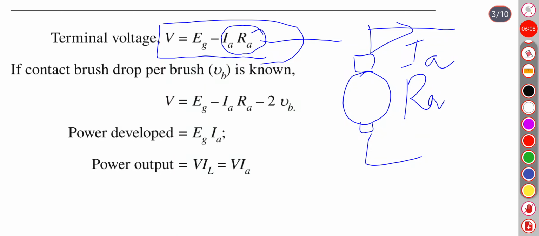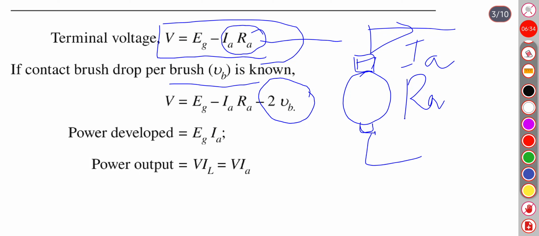Now one more voltage drop is added. We know the brush contact drop, so we can add here 2VB for the two brushes as shown here.